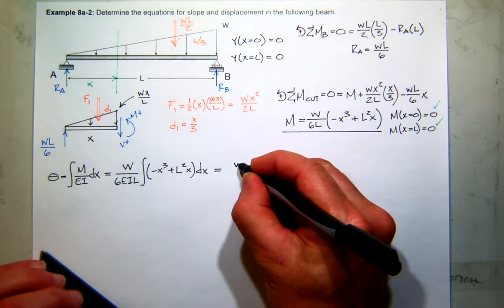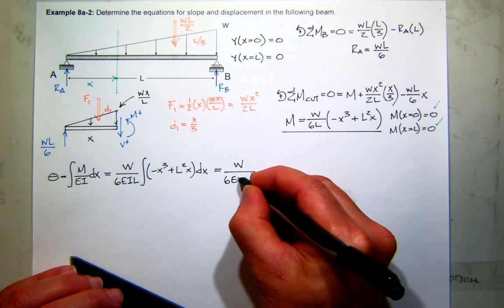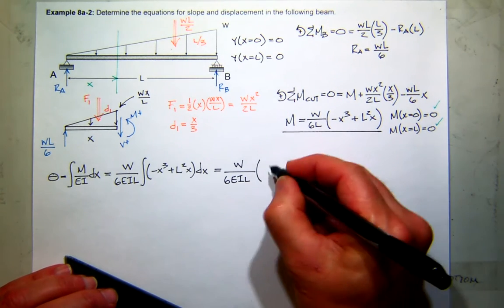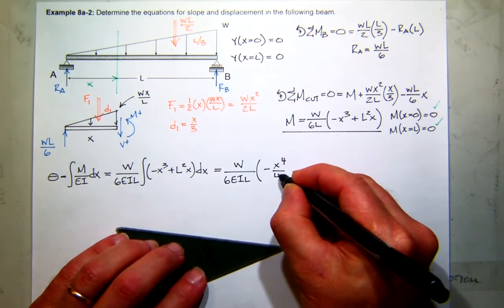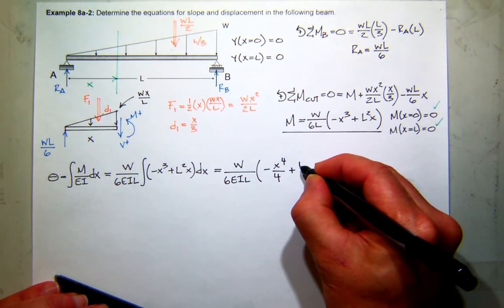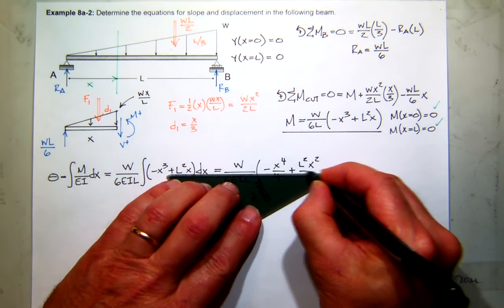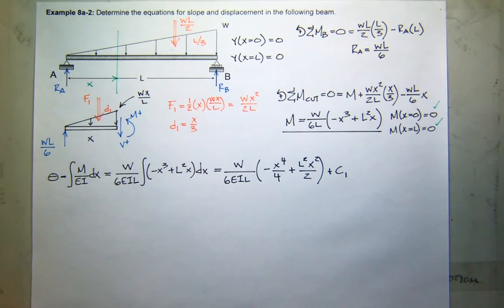So if we go ahead and do that, I've got W over 6EIL. And then integrate this, I get minus x to the 4th over 4 plus L squared x squared over 2 plus I generate an integration constant.